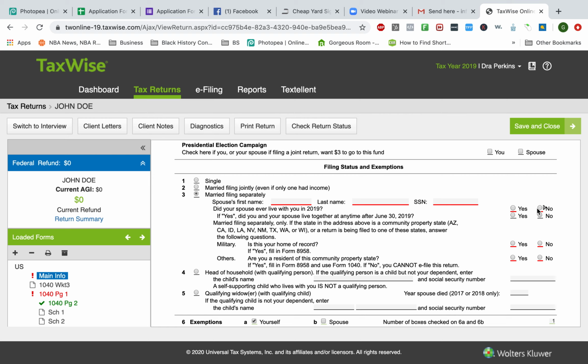This is an important question. You have to put yes or no depending upon the living situation of the spouse. Most of the time it's going to be a yes. Okay. If yes, did you and your spouse live together anytime after June 30th of 2019? Most of the time it'll be a yes. Okay.